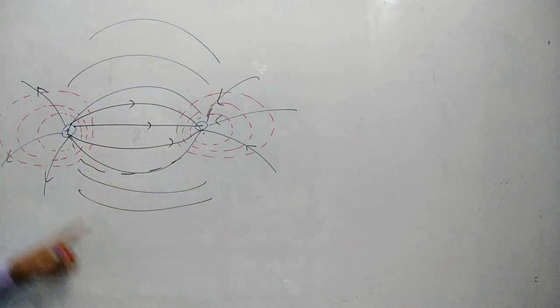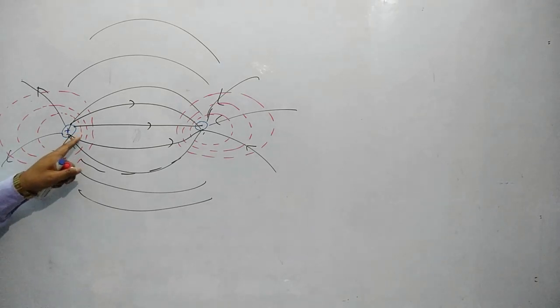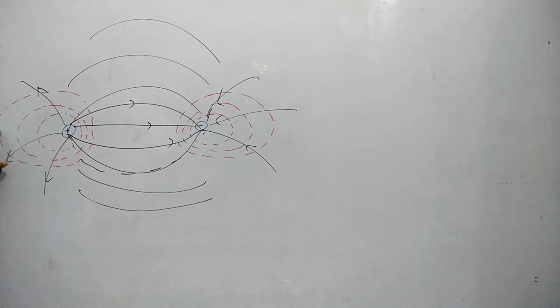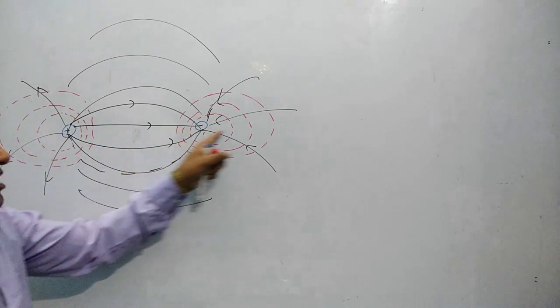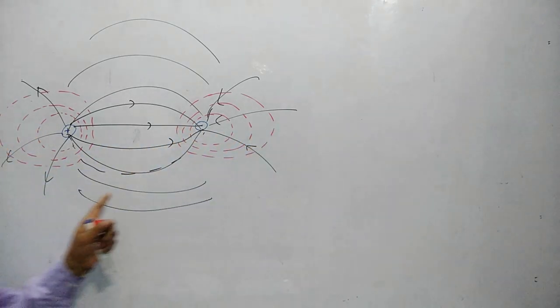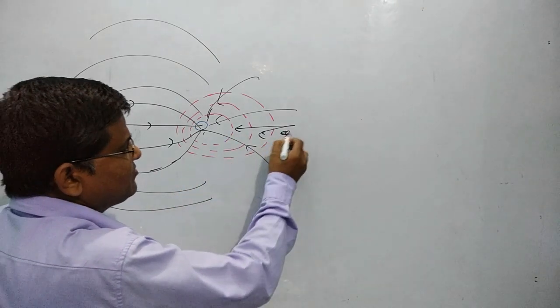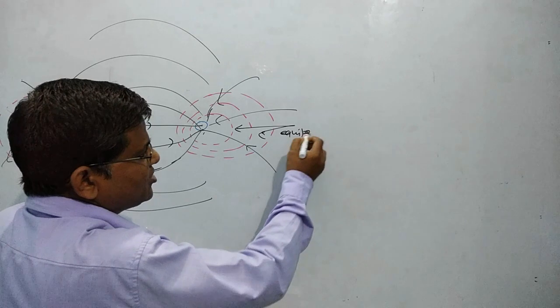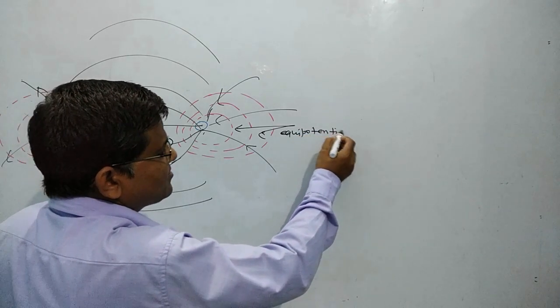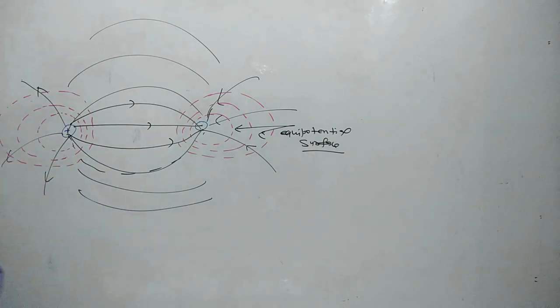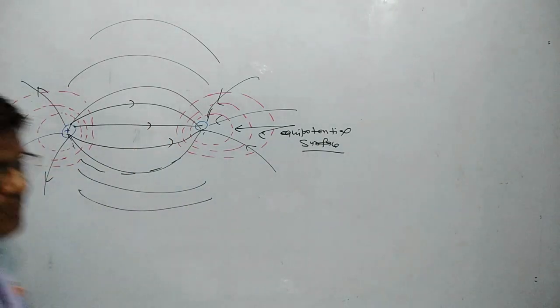But draw one thing very carefully: this region is denser and this is non-uniform. The red line is the equipotential surface, and these are the electric field lines. Okay? Draw properly.